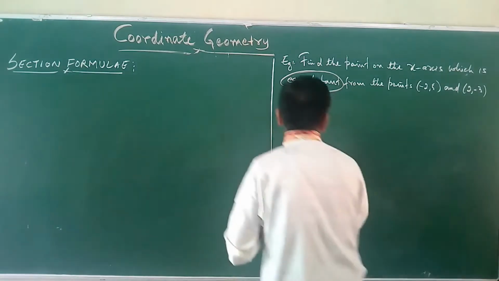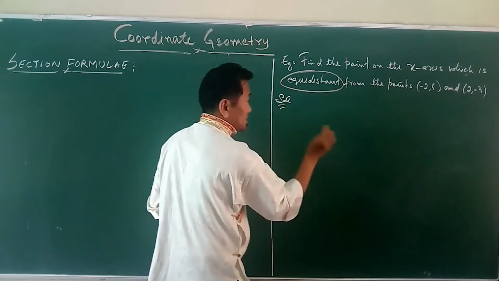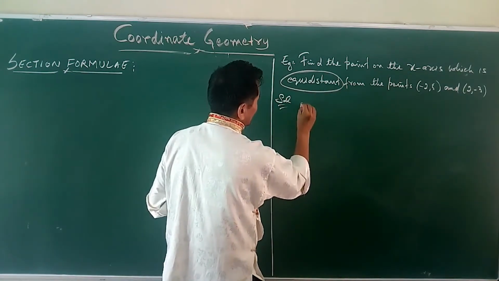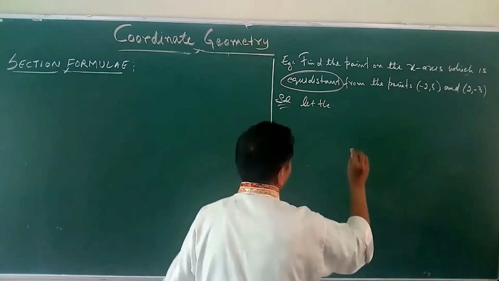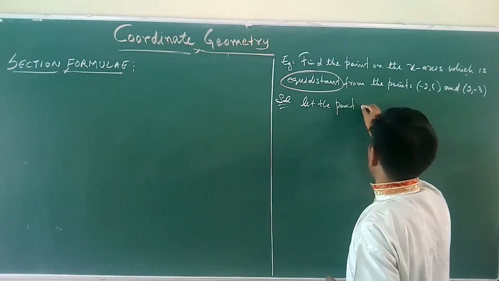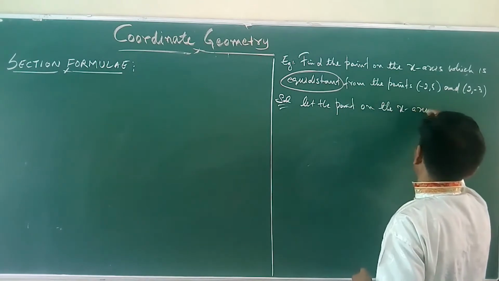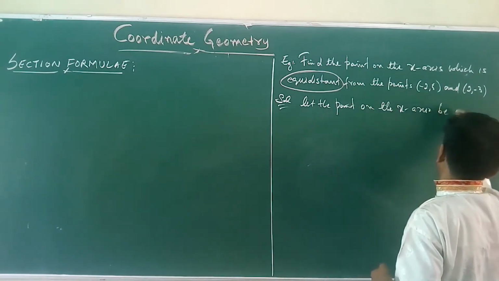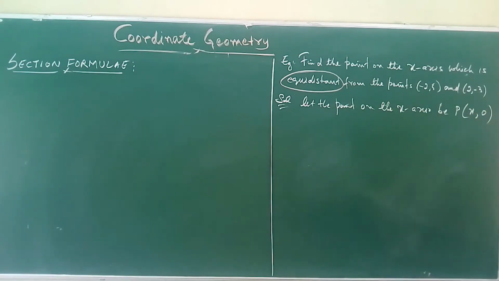So let's see here the given points. Solution: let the point on the x-axis be P (x, 0).